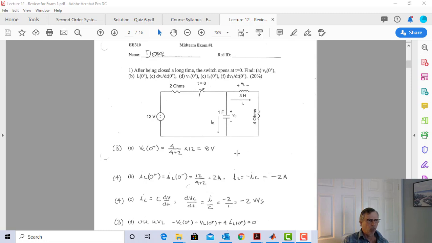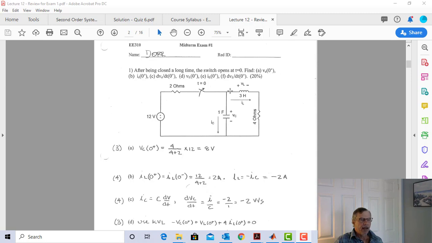So now let's find IC of 0 plus. We're going to have to do a little work for this. I've got to know which tool to pull out of the toolbox here. I want IC, but I can't just go directly after IC. I think the seagull has to peck around the trash can a little bit. So I'm going to look at the inductor current because I know it can't change.